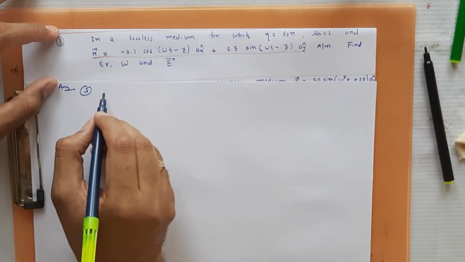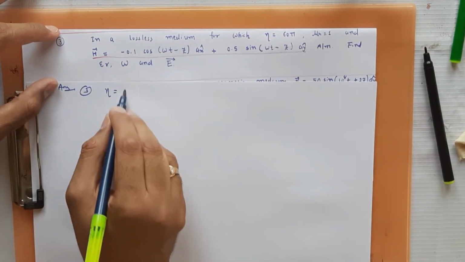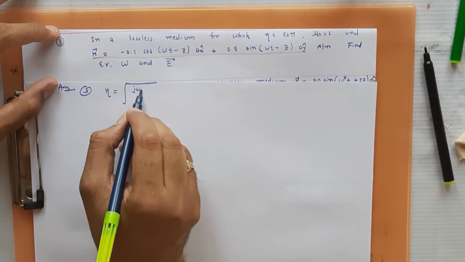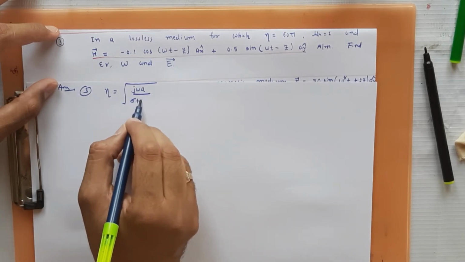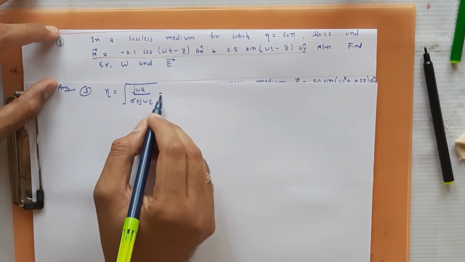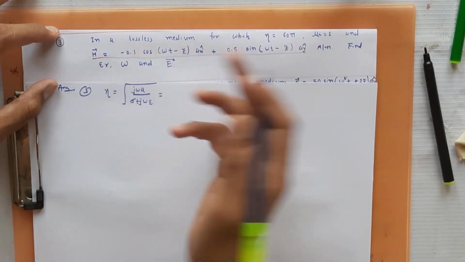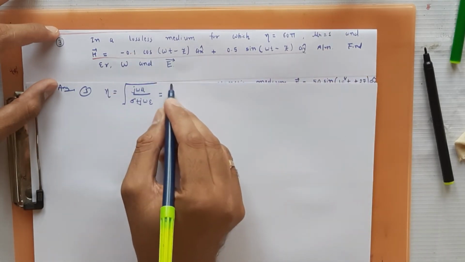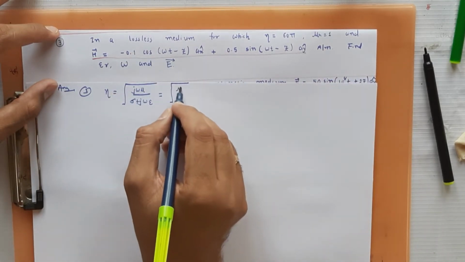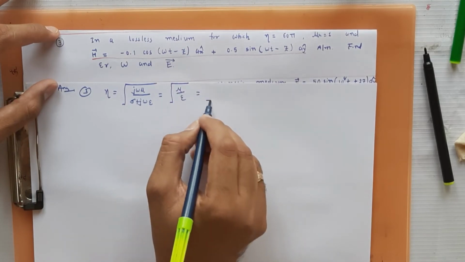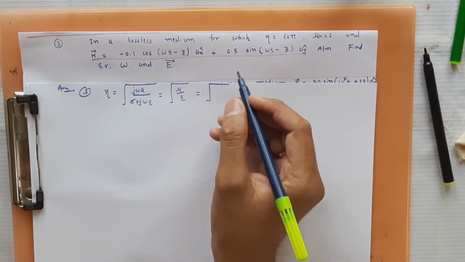Here we know that eta is equal to the square root of j omega mu divided by sigma plus j omega epsilon, but sigma is 0 because it's a lossless medium, so conductivity is 0. So j omega cancels out, leaving mu by epsilon, which is mu 0 mu r by epsilon 0 epsilon r.